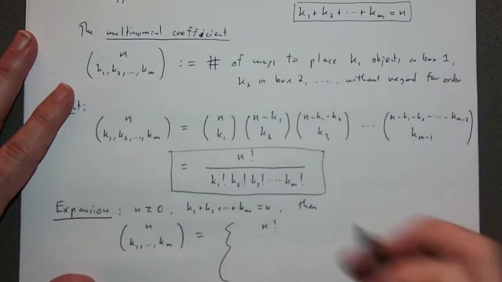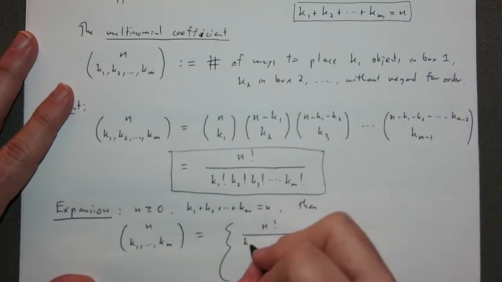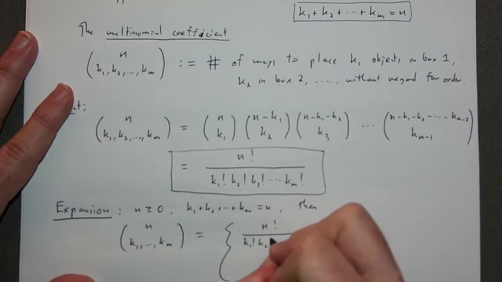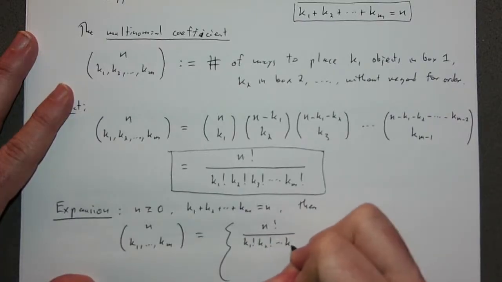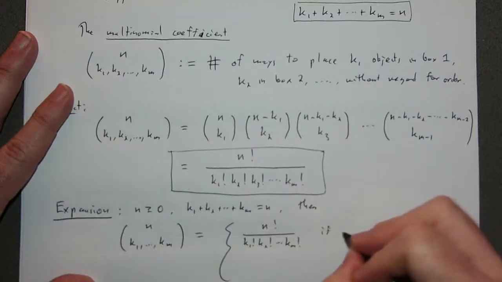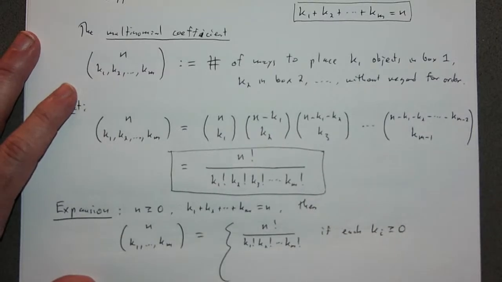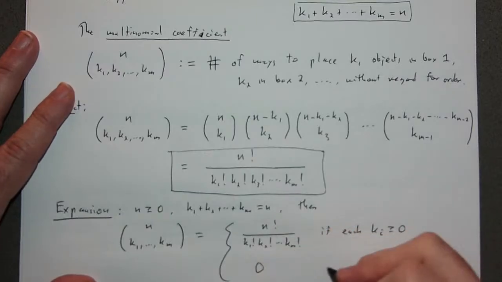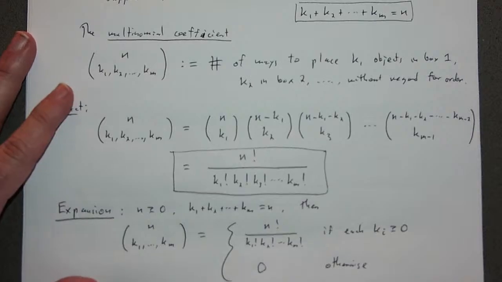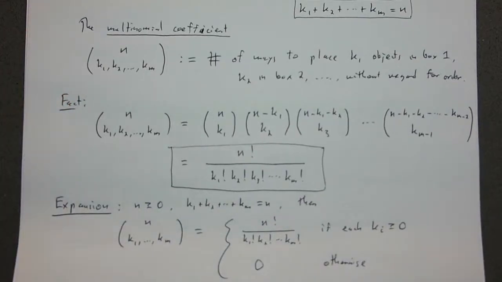So this is n factorial over k sub 1 factorial, k sub 2 factorial, and so on, if each k sub i is non-negative, and it's 0 otherwise. Okay. All right.